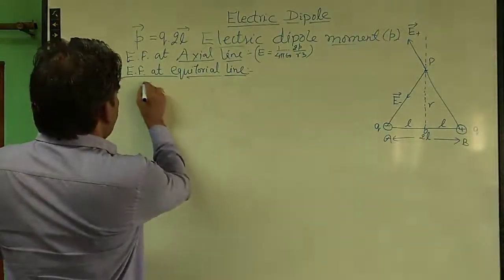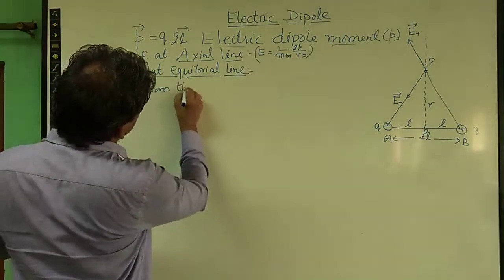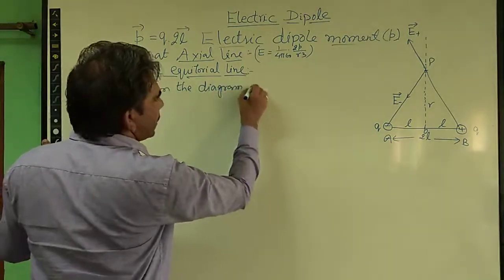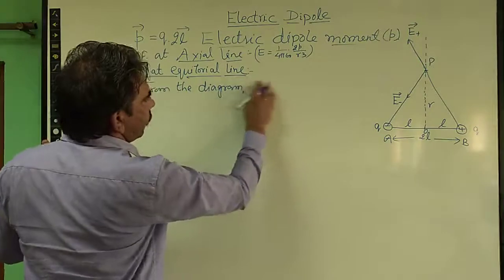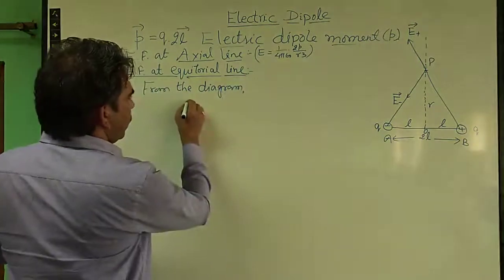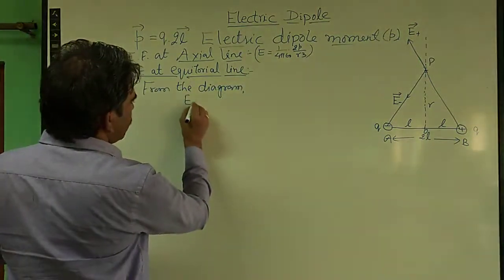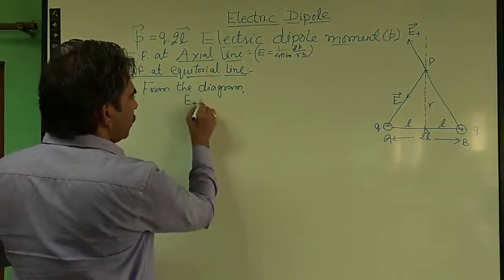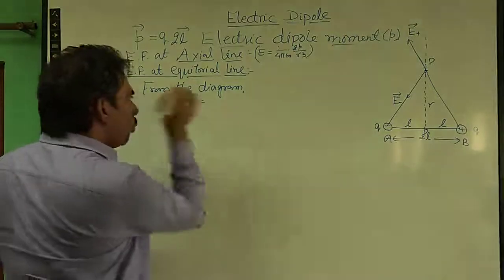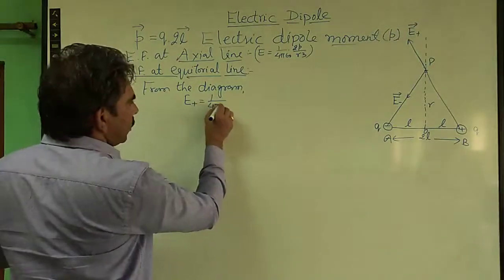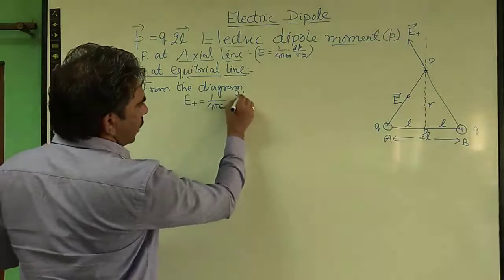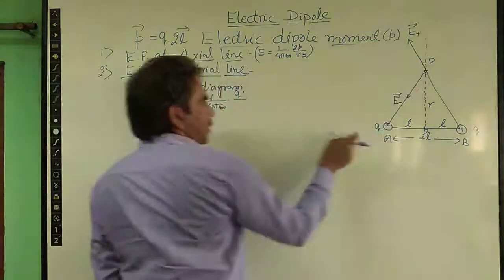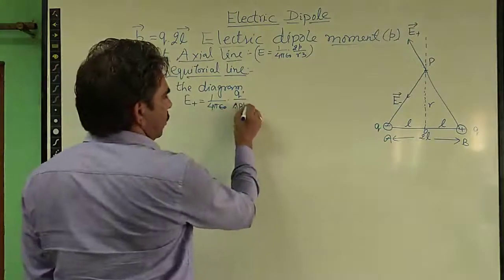So from the diagram, I can say that electric field here, due to positive charge, let me just write its magnitude here. This is equal to 1 upon 4 pi epsilon naught into charge, which is q, divided by the distance of point P from this, which is AP square.